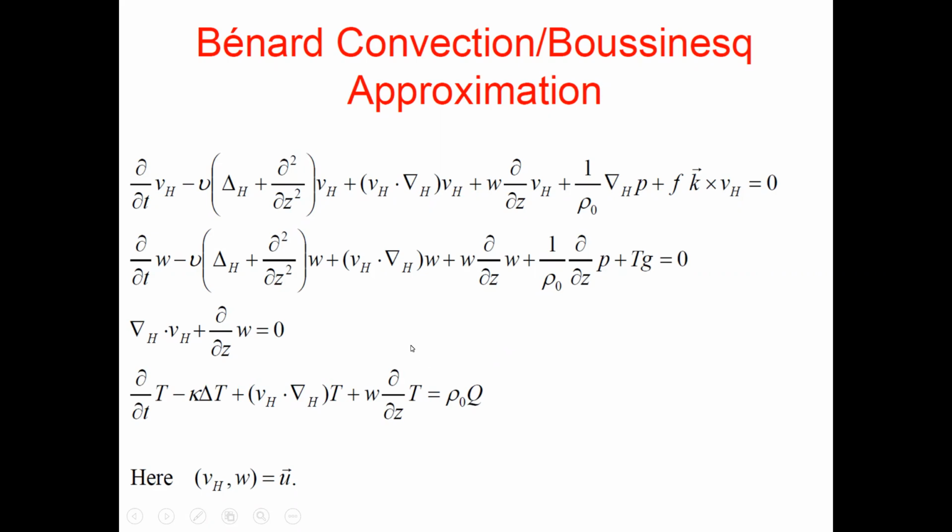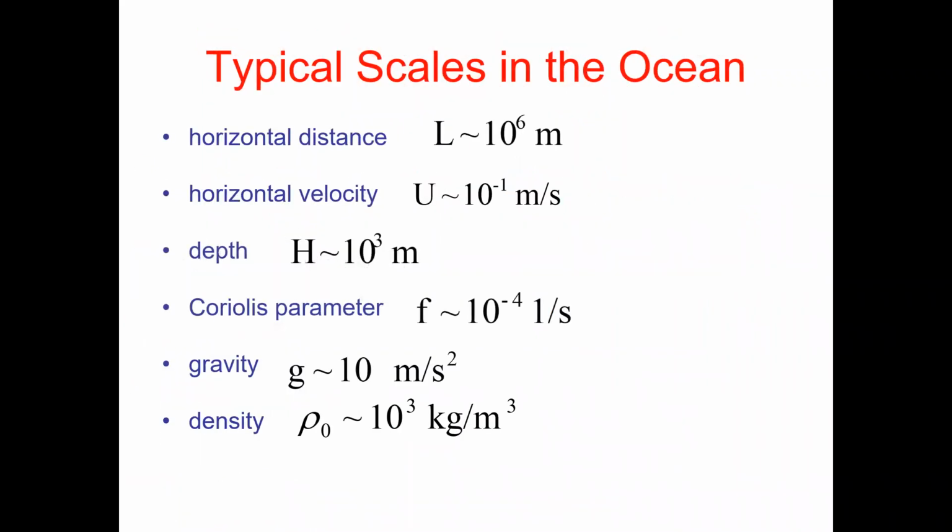And now I'd like to take into consideration that we are talking about different scales. As I said, the horizontal scales are of the order of thousands of kilometers. The horizontal velocity in the ocean is typically 10 to the minus 1 meter per second. The depth of the ocean is of the order of a few kilometers. The rotation of the Earth, the Coriolis force, is one round every 24 hours.